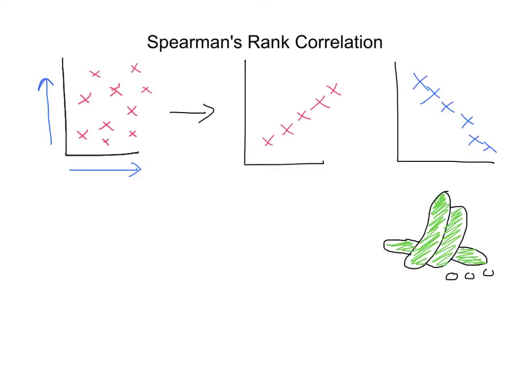Just for completeness' sake, we'll draw in a little piece there. Imagine in some practical in the classroom, we're going to look to see if there's a correlation between the length and the mass of broad beans. It's been suggested that the length and the mass of these beans are related somehow. So we're going to do a Spearman's rank to see if that is indeed the case.